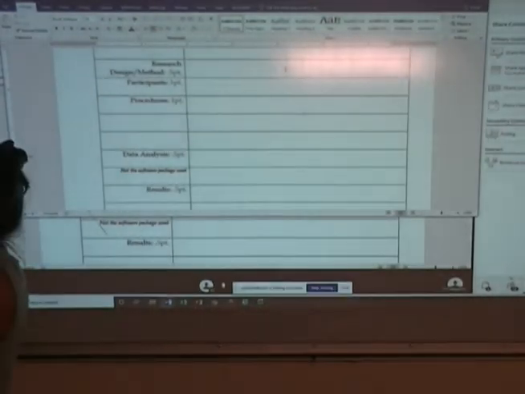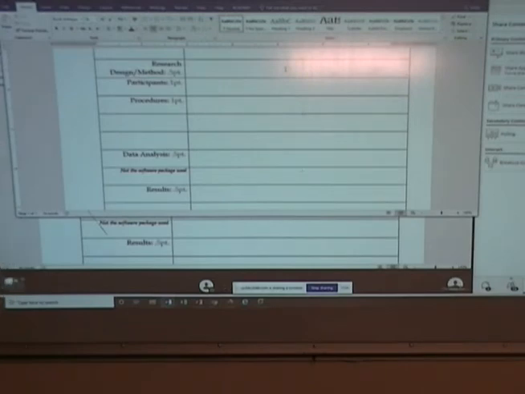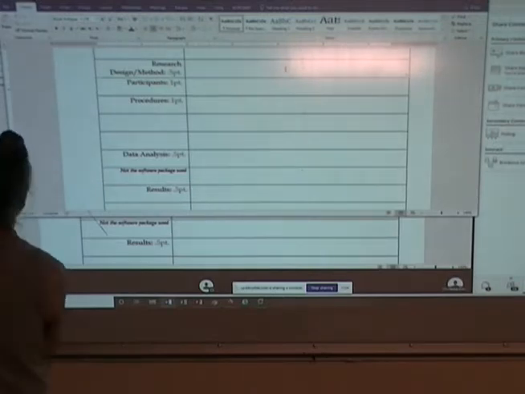It probably won't be stated. Might be, sometimes it is, but not always. So you might have to do a little bit of digging around in the textbooks or even online to see what kind of research designs you can find.